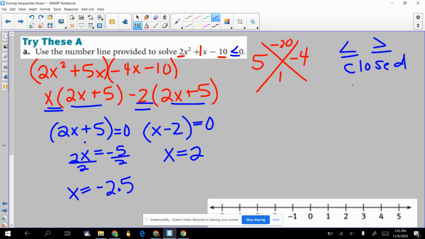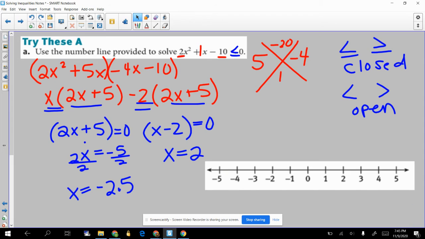If it does not, if it's just a less than or a greater than, it has the open circle. So in this case, we know we're going to have a closed circle, and that's going to be, let's move this up a little. That's going to be at -2.5, so that's going to fall right here. And at a +2, so that's right here, and we did closed circles.